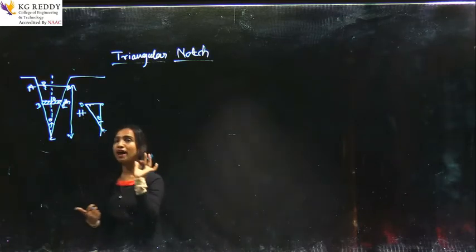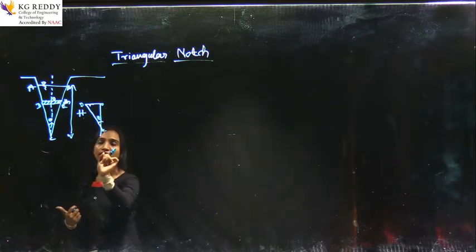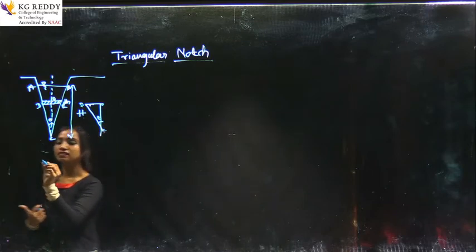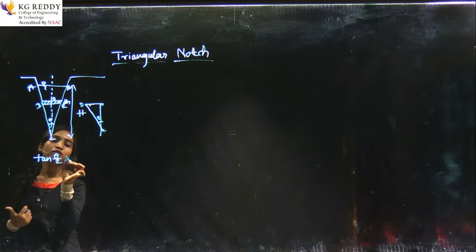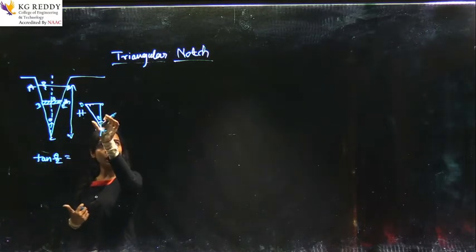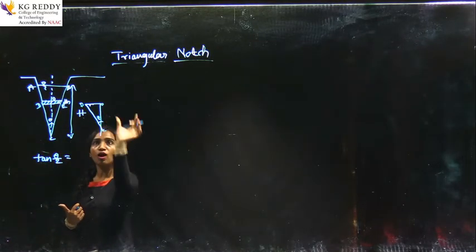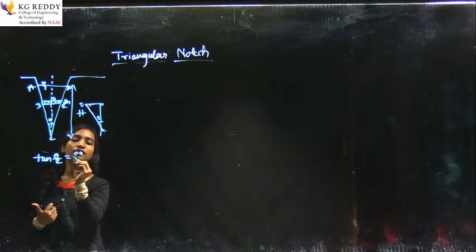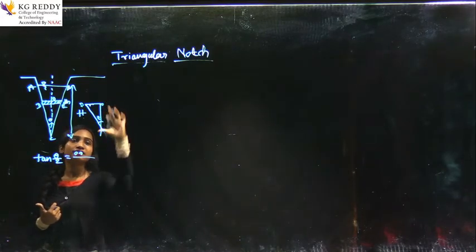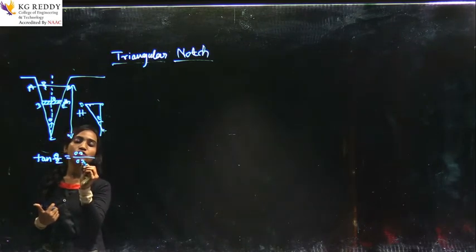So how to find that area? First we will consider this triangle. In this triangle, tan theta by 2 is equal to opposite, that is OD, divided by adjacent, that is OC.